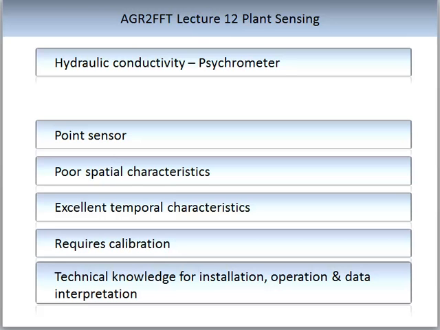Before the commercialization of the psychrometer, the measurement of plant water potential was only possible via the pressure bomb, which was manual. This instrumentation requires calibration. One of the disadvantages of this machine is that it requires quite a high level of technical knowledge for installation, operation, and data interpretation.